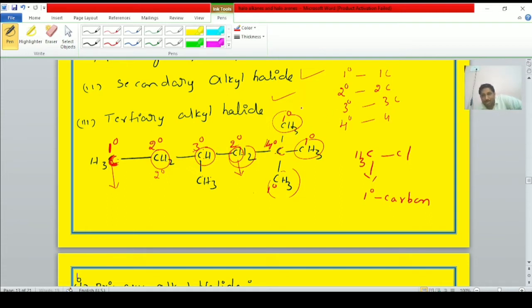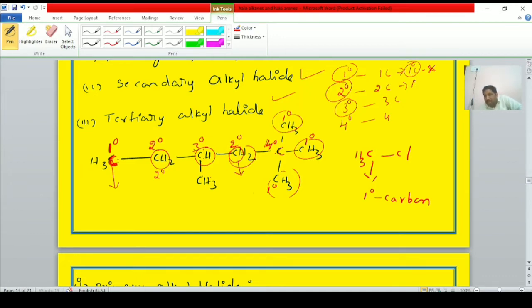The alkyl halides can be classified into primary alkyl halide, secondary alkyl halide and tertiary alkyl halide, depending upon the nature of the carbon atom. If the halogen atom is bonded to a primary carbon, it is known as a primary alkyl halide.